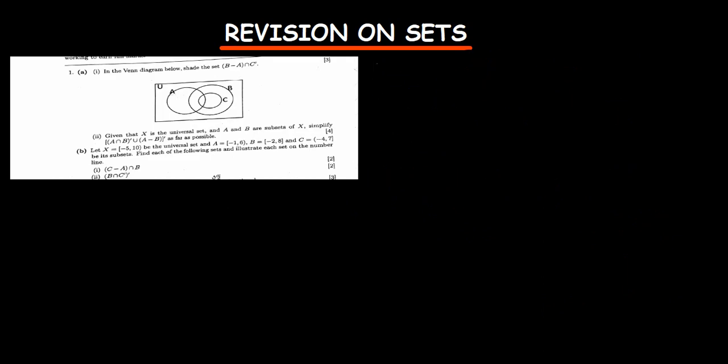Part B says let x equal the interval from negative 5, closed, comma 10, open. This x should be our universal set.